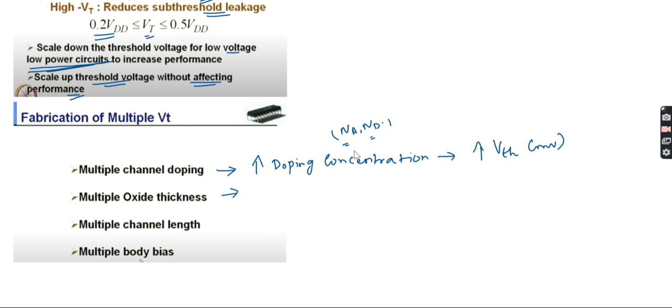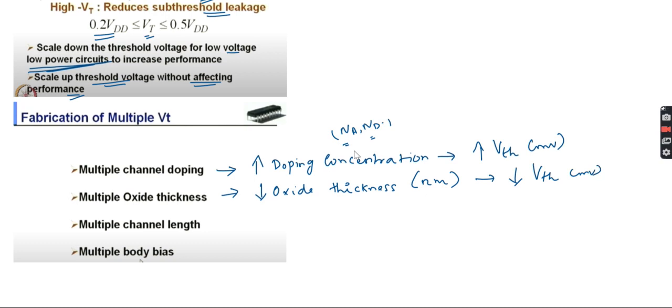So with multiple oxide thickness, we need to reduce the oxide thickness, in terms of nanometers, which yields a reduced threshold voltage.